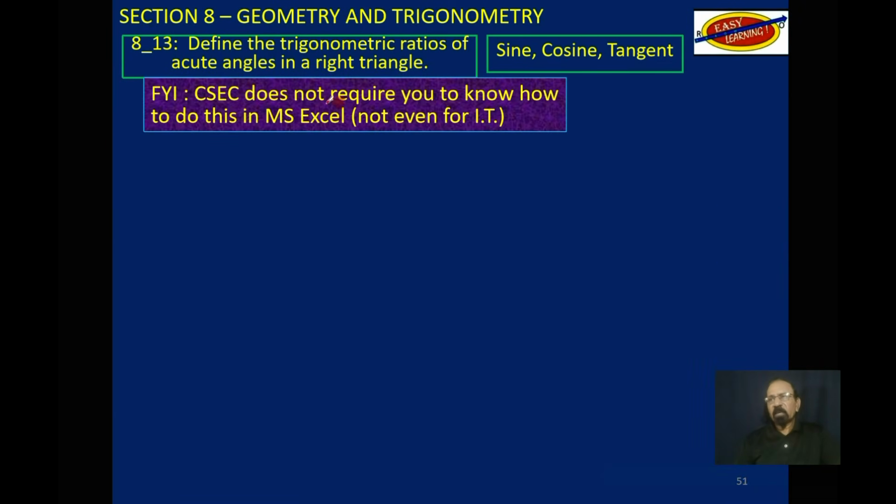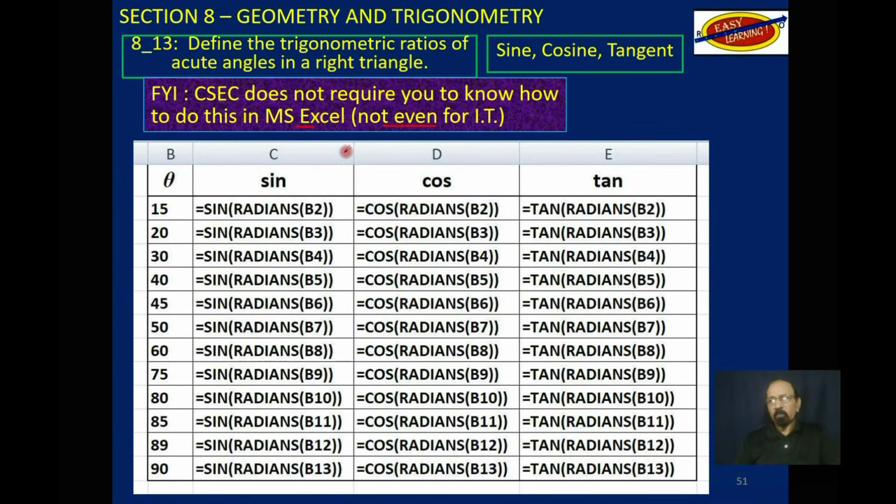By the way, CSEC does not require you to know to do this in Microsoft Excel, not even for IT, but there may be one or two students who want to know how I got those formulae in that spreadsheet. This is the formula.